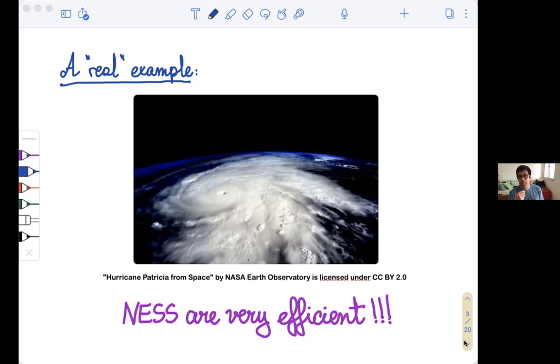That's a more mathematical way to say that these non-equilibrium stationary states are very efficient. Because in that case, if the Markov chain is non-reversible, instead of reversible, which is the equilibrium stationary state, then it's a non-equilibrium stationary state. Then the simulation runs faster.